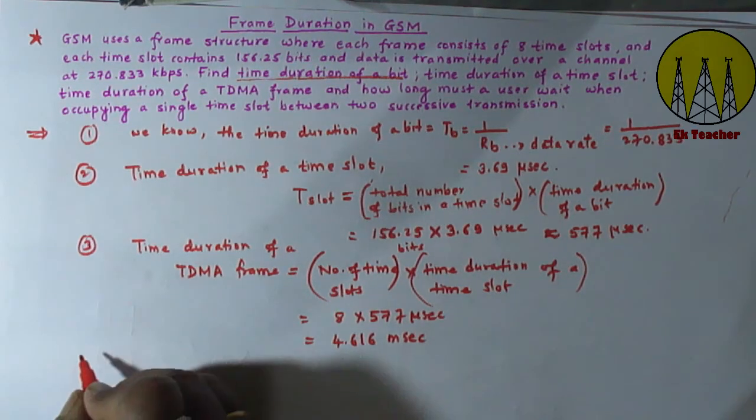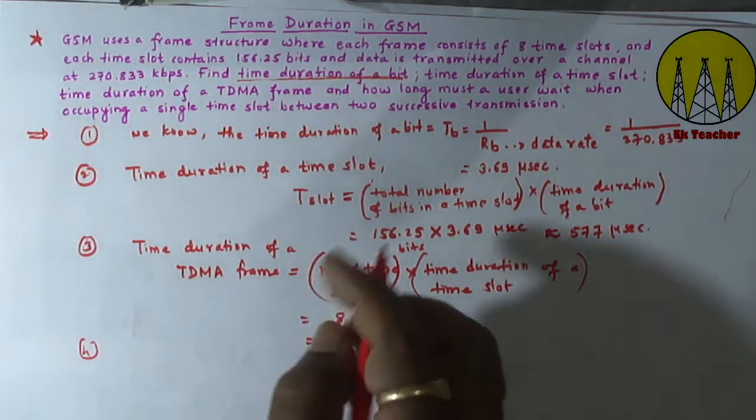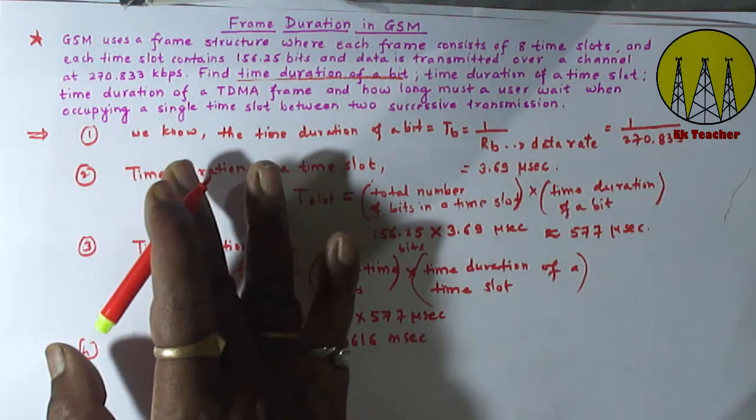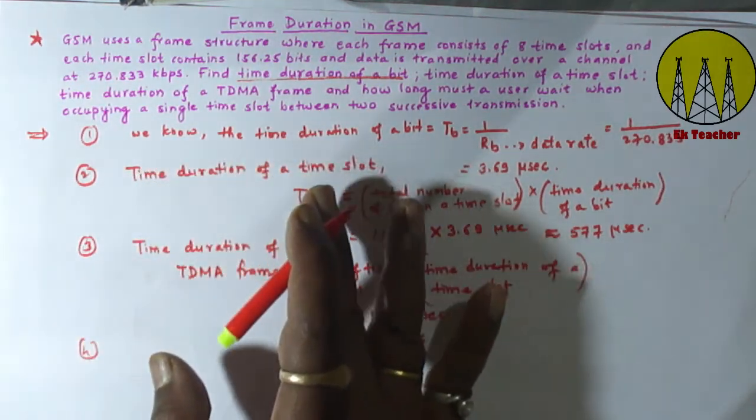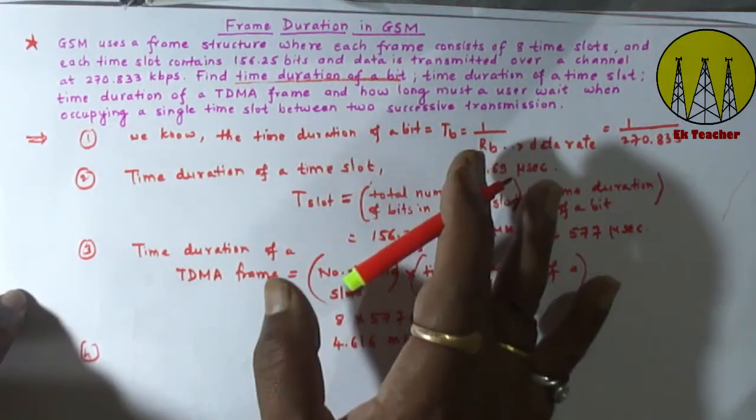Now the final question is, how long must a user wait when occupying a single time slot between two successive transmissions?